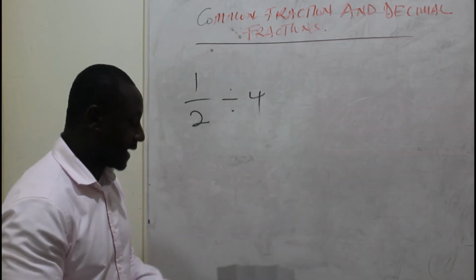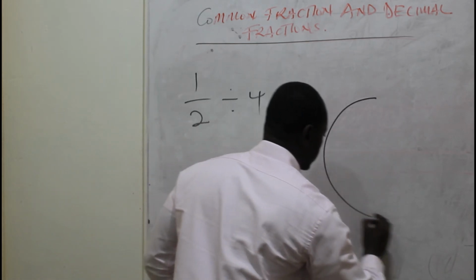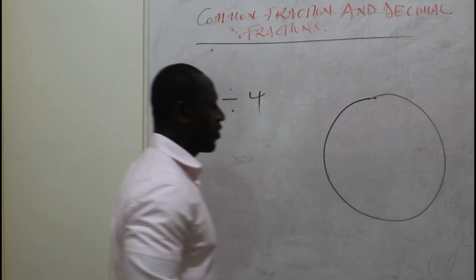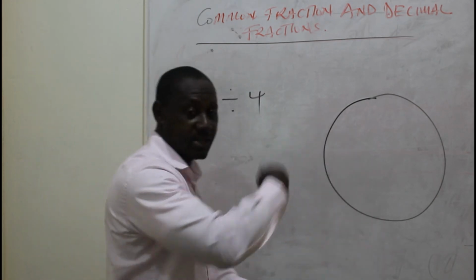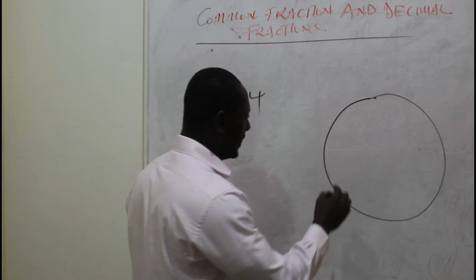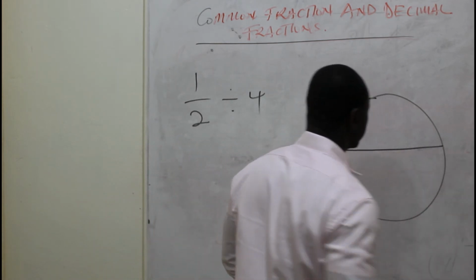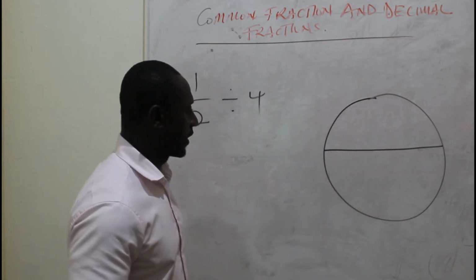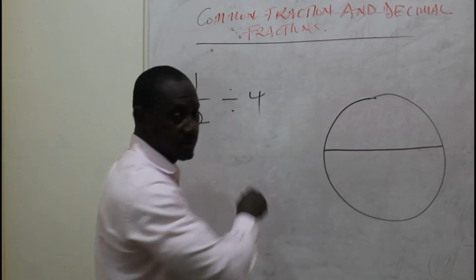So diagrammatically, let's say this is a sheet of paper, maybe a circular sheet of paper. Then I divide this piece of paper into 2 equal parts, so that this is going to be the half of this.